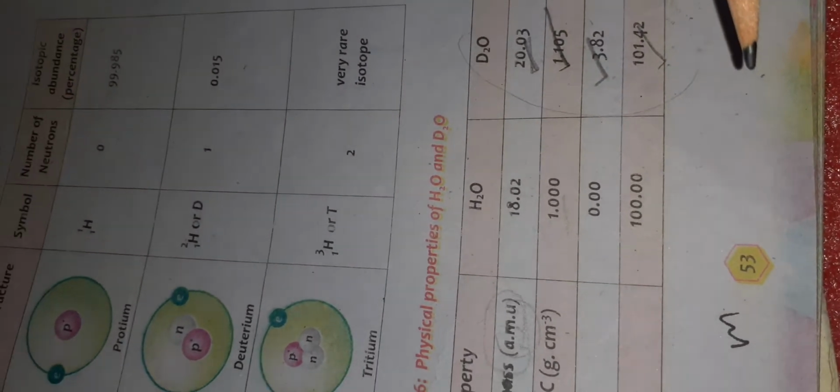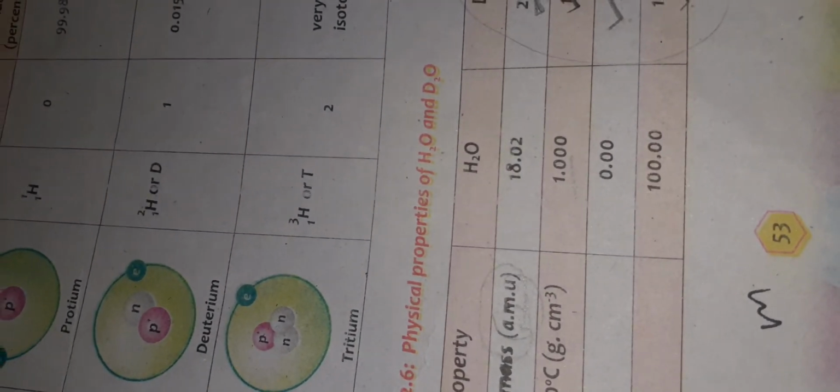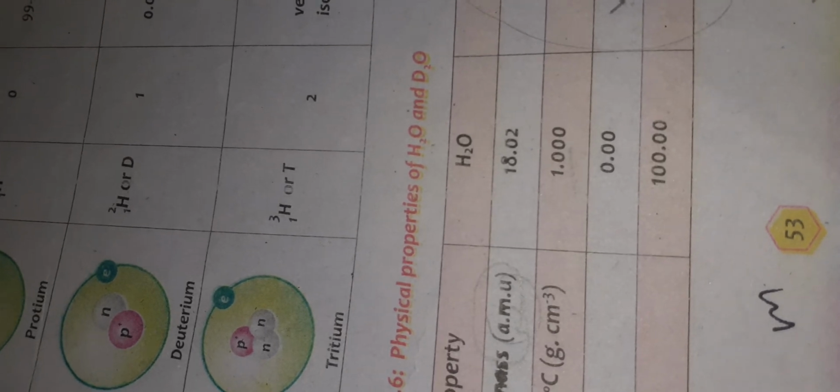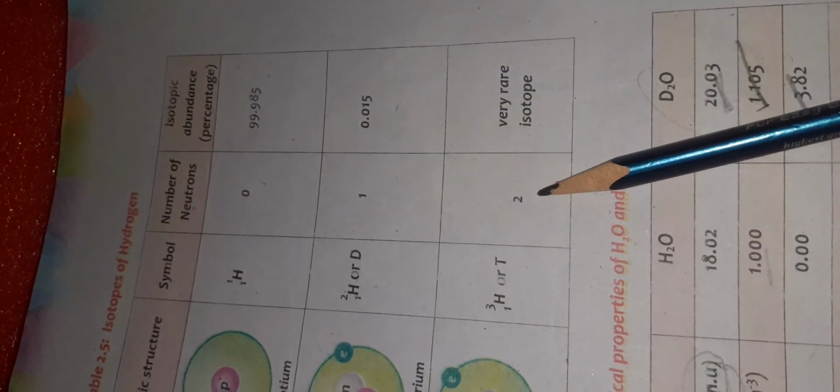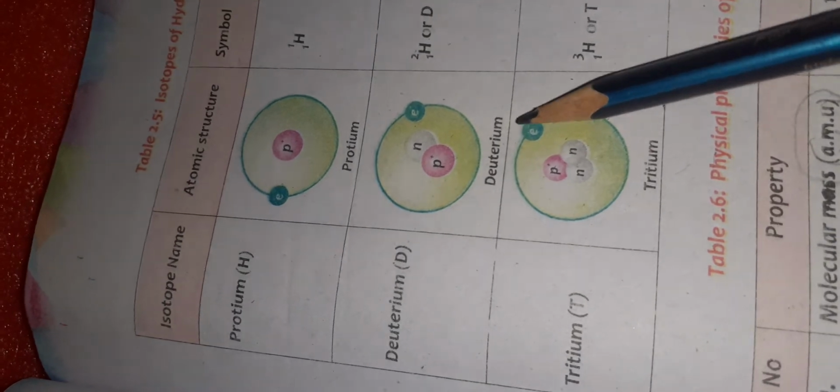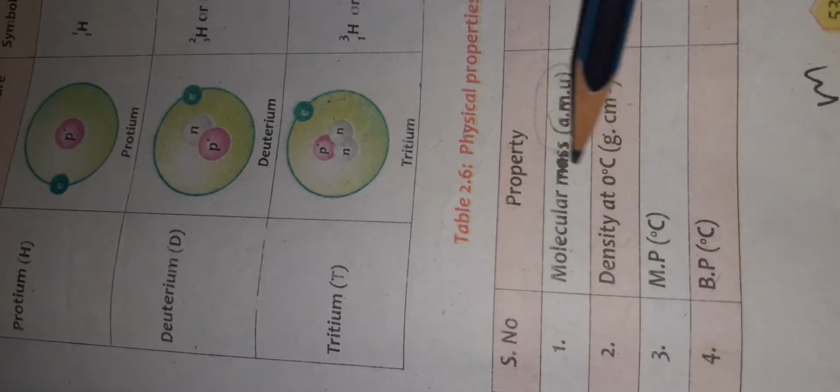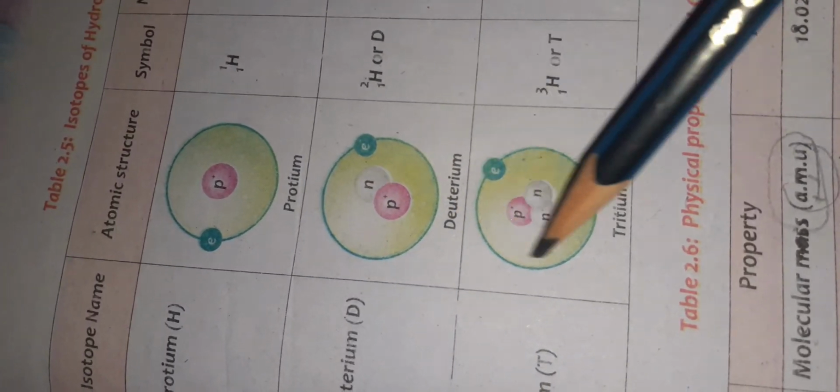So the summary of today's lecture is that isotopes are atoms of the same element which have the same atomic number but different mass numbers. The mass number is different because of having a different number of neutrons, right? And the chemical properties of the isotopes are the same because all have the same number of electrons, and electrons are involved in chemical reactions, whereas the physical properties like density, mass number, melting point, boiling point, etc. are different because they depend on the number of neutrons.